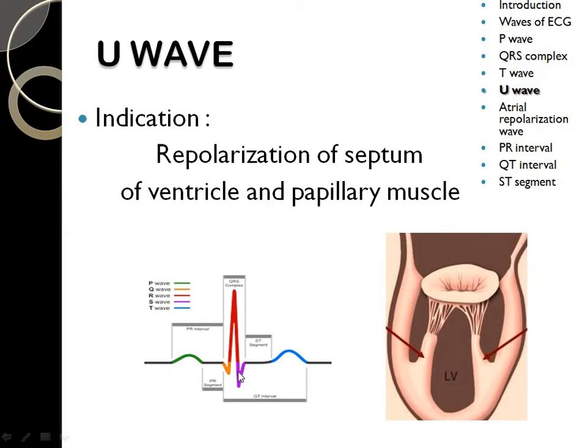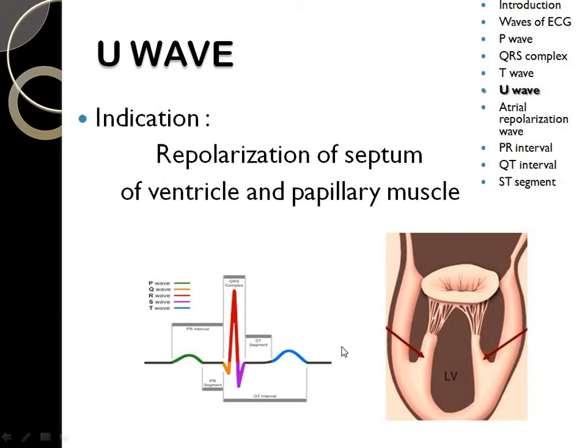Now the U wave. The U wave indicates the repolarization, that means relaxation of the ventricular septum and the papillary muscles. Till now, we see the atrial contraction, ventricular contraction and ventricular relaxation.